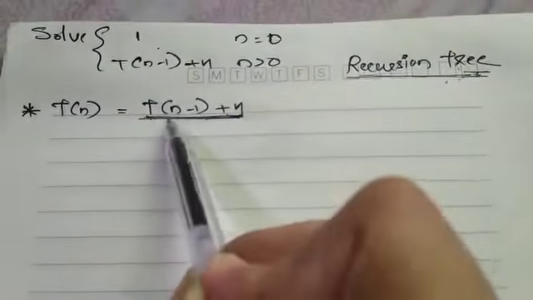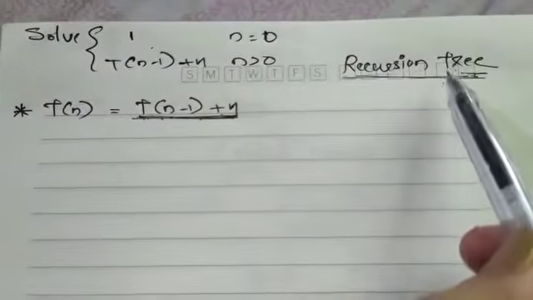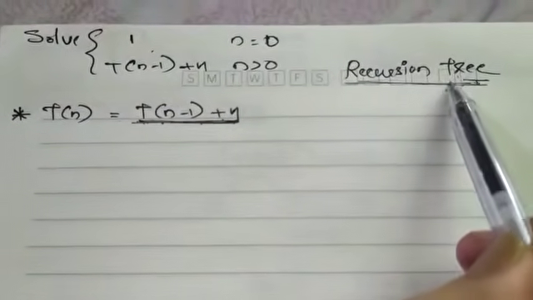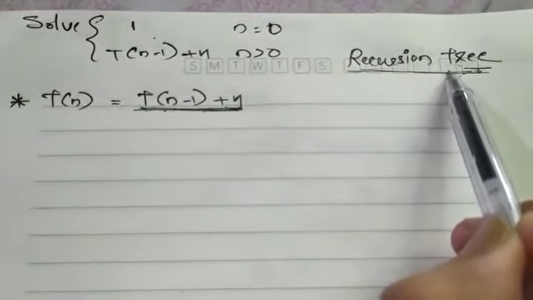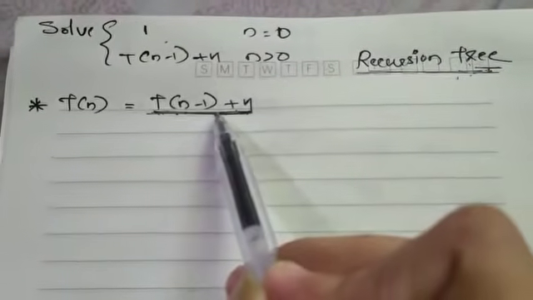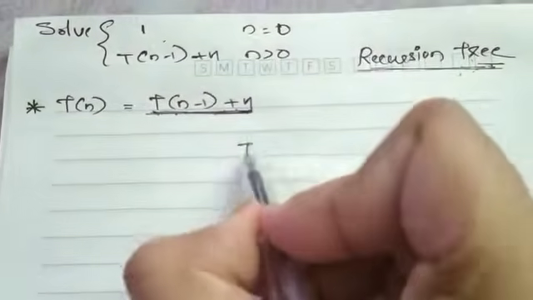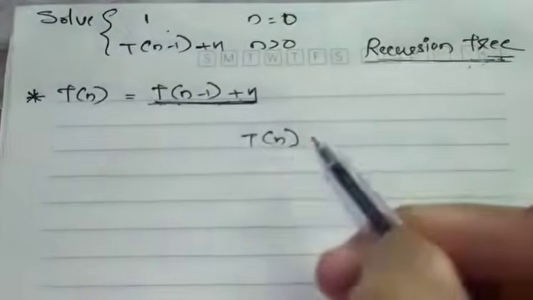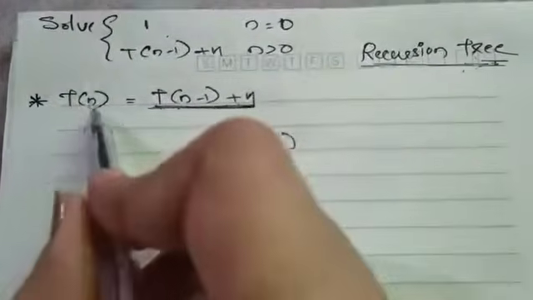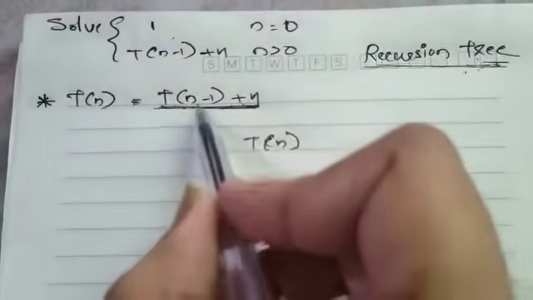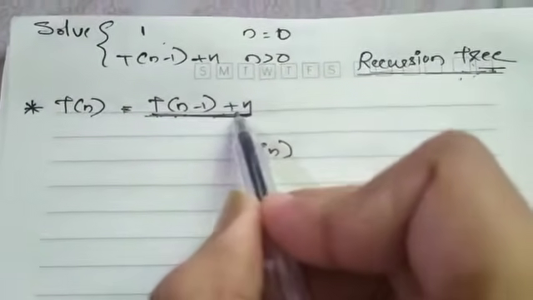To solve this recurrence relation using the recursion tree method, first we will construct a recursion tree, and using that recursion tree we will solve this recurrence relation. For constructing a recursion tree, first I am writing T(n) here, and T(n) is equal to T(n-1) + n.